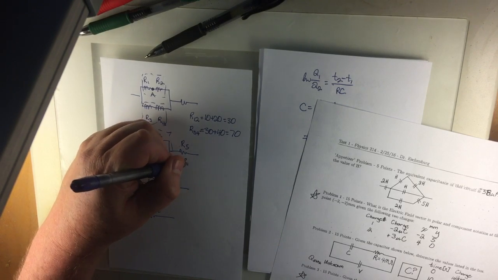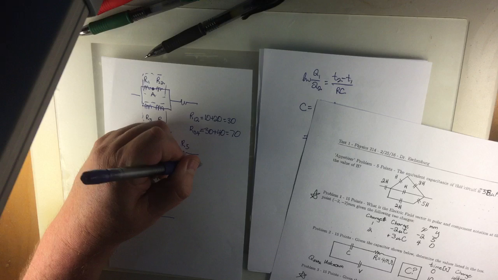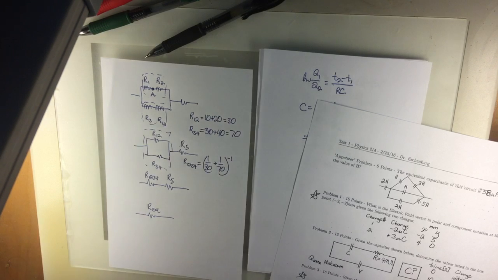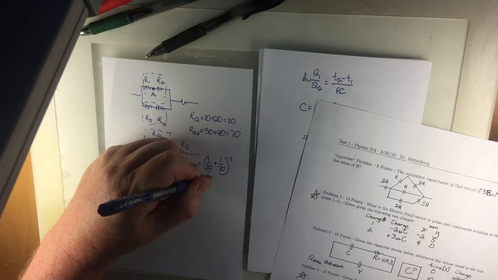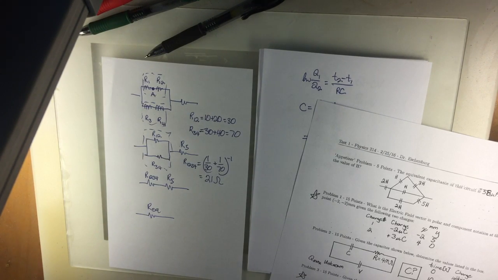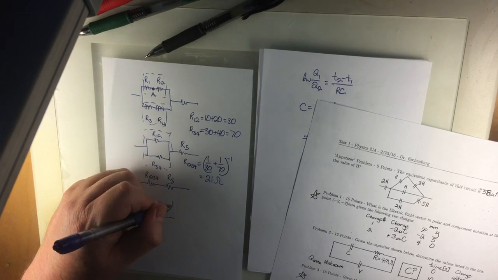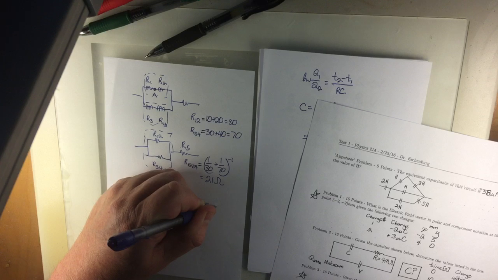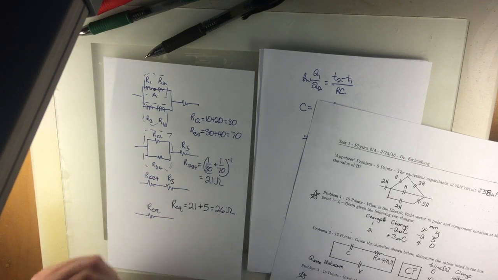So R1234 is 1 over 30 plus 1 over 70, inverted, which is 21 ohms. The last one, R5, is 5 ohms, so 21 plus 5 is equal to 26. That is REQ, that's the first answer.